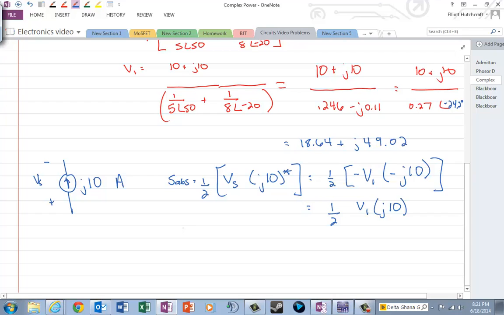So the complex power absorbed, when I multiply that through, is going to be, let's see, I have to take 0.5 for the half, V1 is this 18.64 plus J 49.02, and it needs to be multiplied by J10.